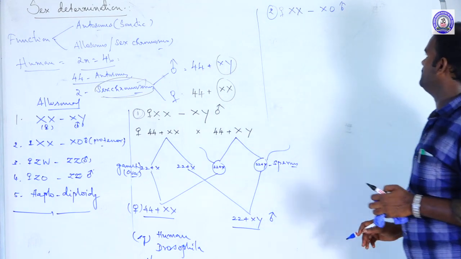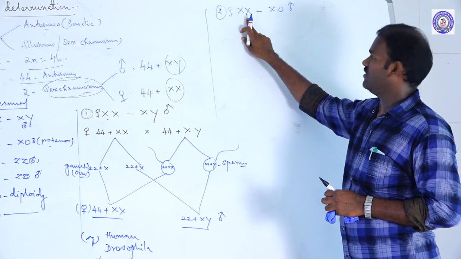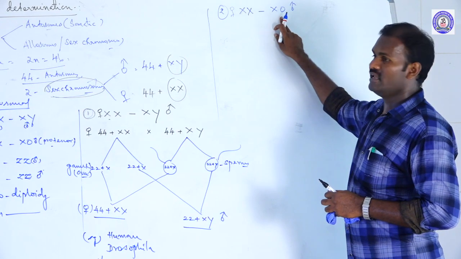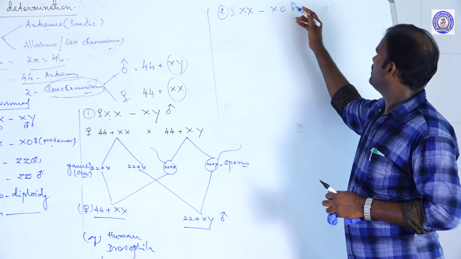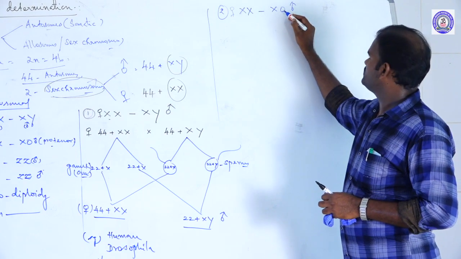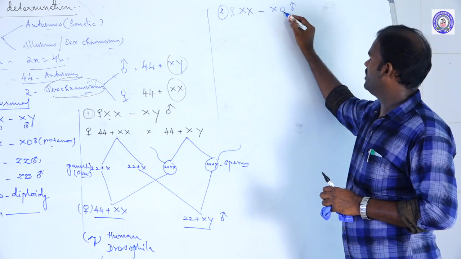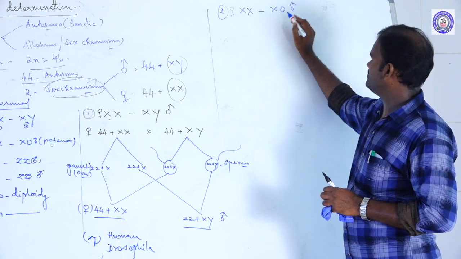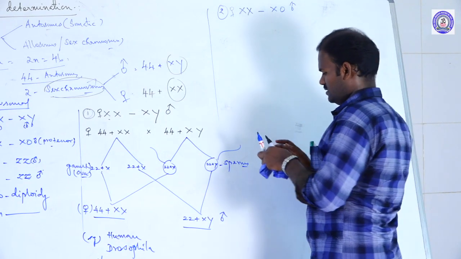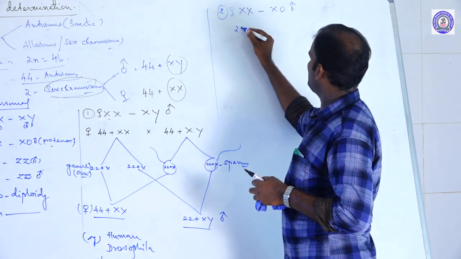In this type, female is homogametic, so only one type of gamete is formed. Here male is heterogametic, but one Y chromosome is missing. So the sperm carries only the X chromosome, not the Y chromosome. In this type, there are only two autosomes.